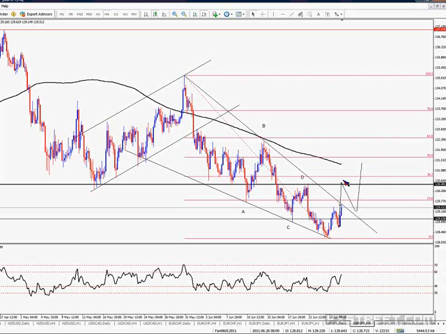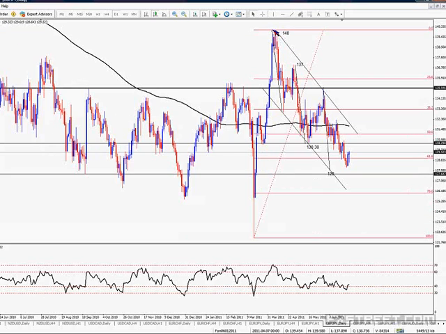So this short-term rally is, for me, going up towards the 131.50 to 131.60 area.